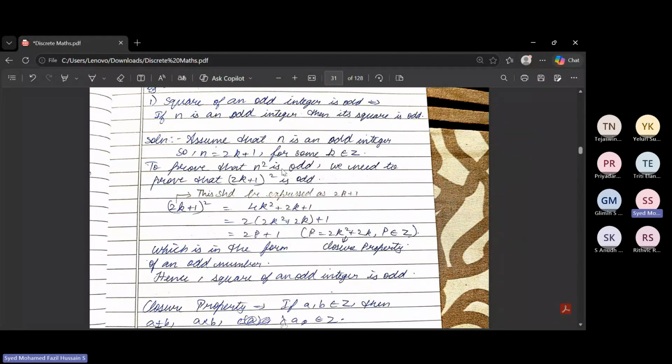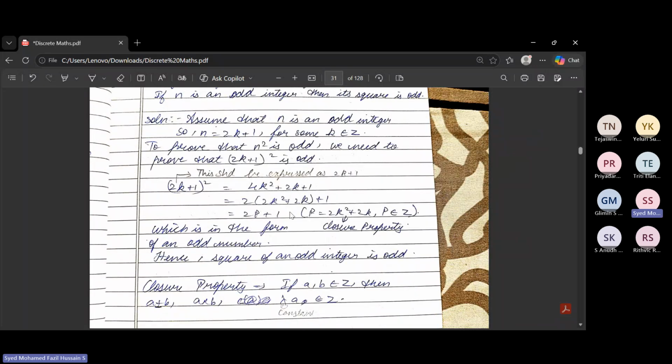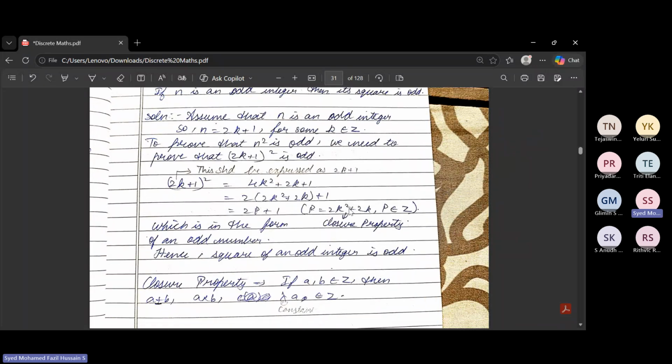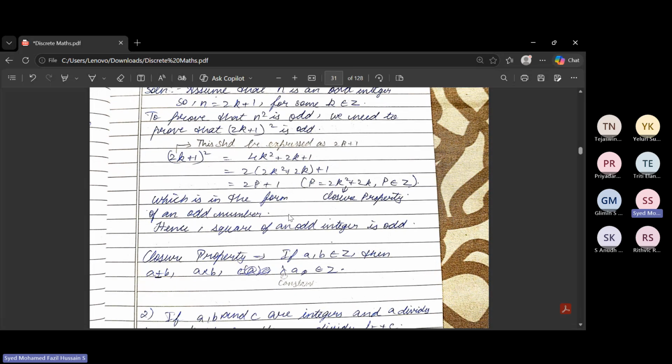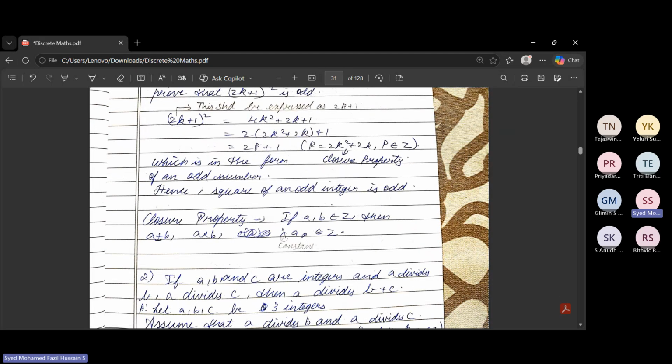We just have to square that, and after squaring, we get 2p plus 1, which is always odd. So like that we have to prove with this direct method.